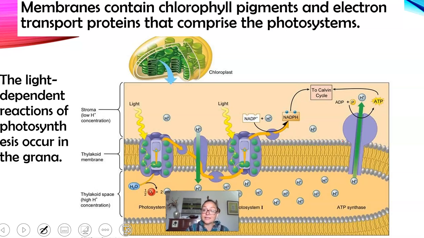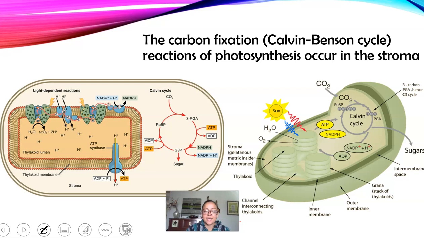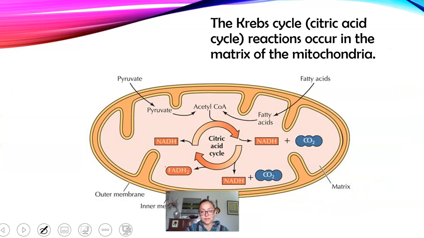Membranes in the chloroplast, or in the thylakoid, do contain pigments. So here are our photosystems in that thylakoid membrane. This will be discussed more in Unit 3. And then the Calvin-Benson cycle happens in the stroma, which is the space outside of those thylakoids.